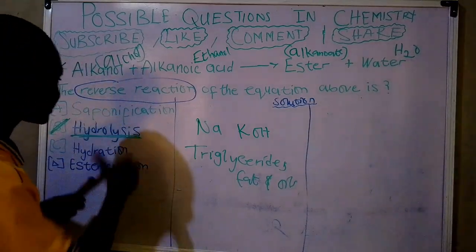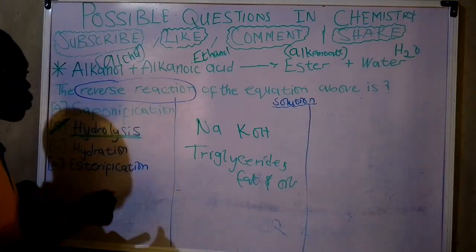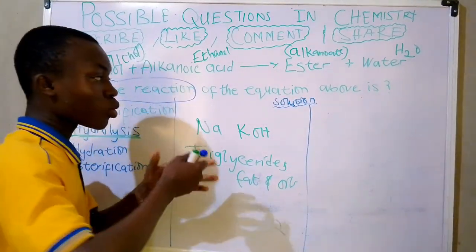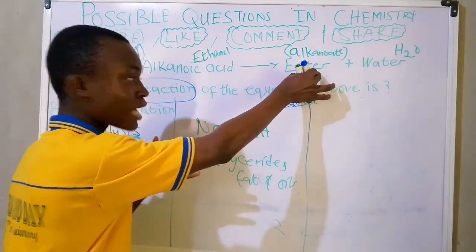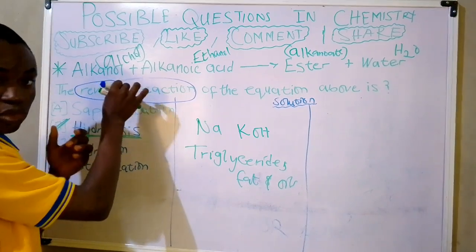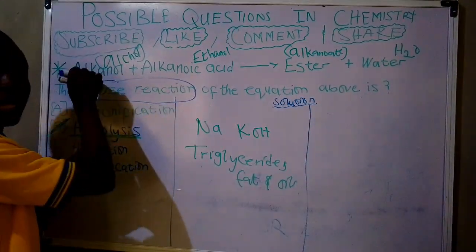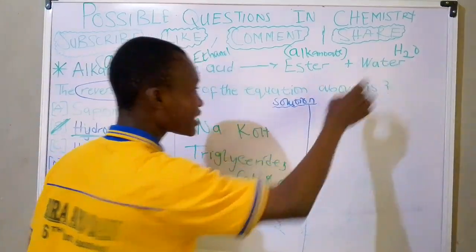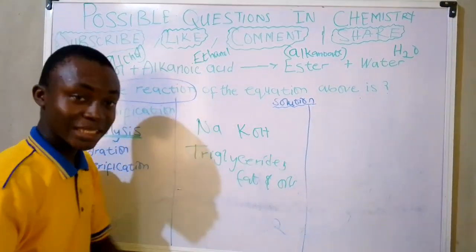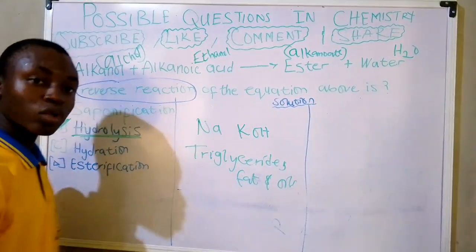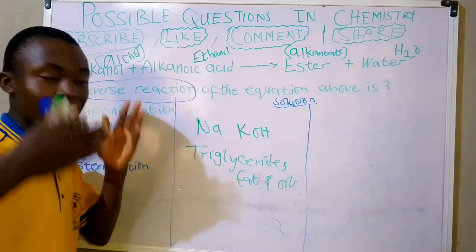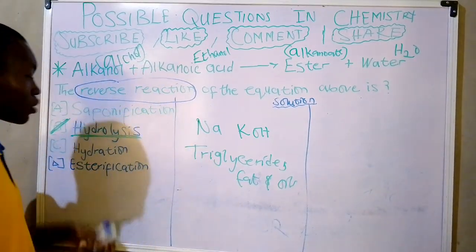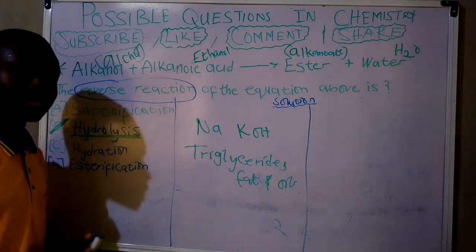It breaks the ester into an alkanol and an alkanoic acid, because water has reacted with the ester, and water serves as the breakdown of a chemical compound. Now this hydrolysis is the answer.